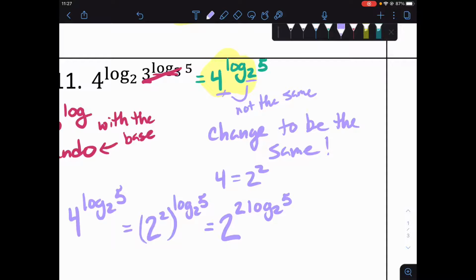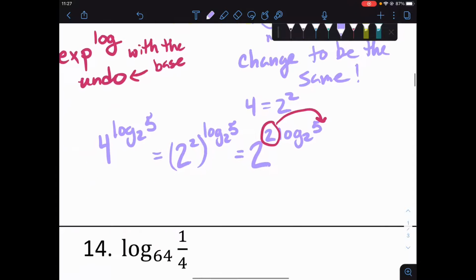We might be tempted to cancel and just say, all right, that's 5. But we can't do that because we have this 2 out here. We need to get this 2 back in, and our property says that if we have a coefficient, it becomes an exponent. So this is 2 to the log base 2 of 5 squared.